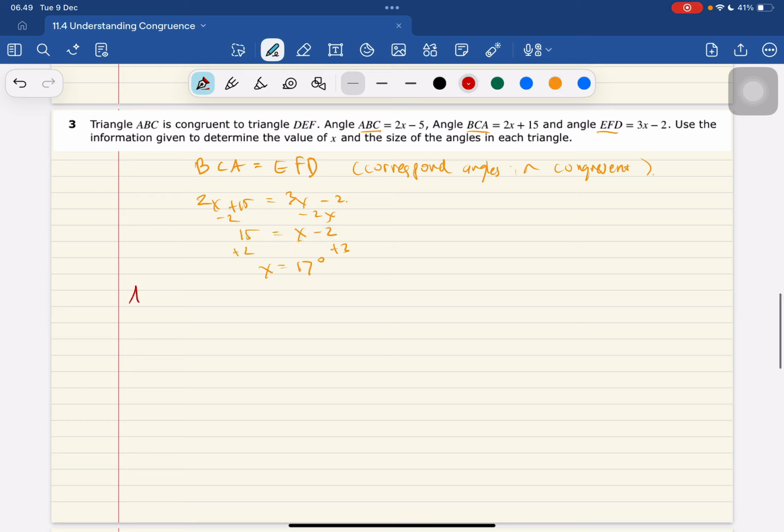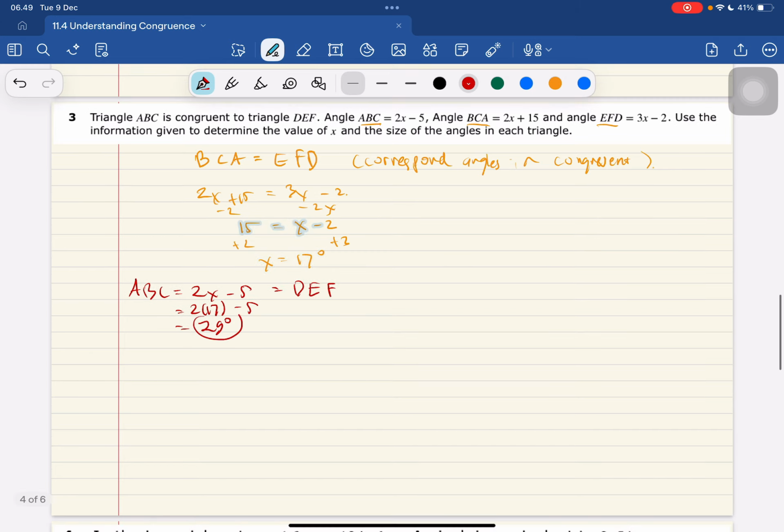So ABC equal to 2x minus 5. So this is 2 times 17 minus 5. So ABC is going to be 29 degrees. And ABC is congruent with DEF, so they are equal, 29 degrees. Next we can find BCA.